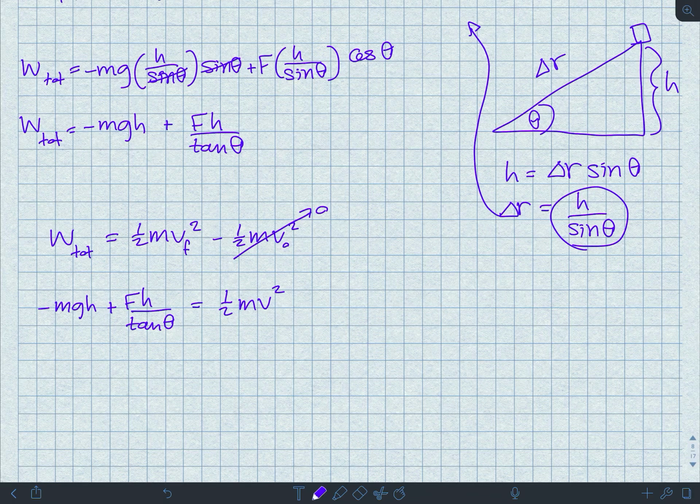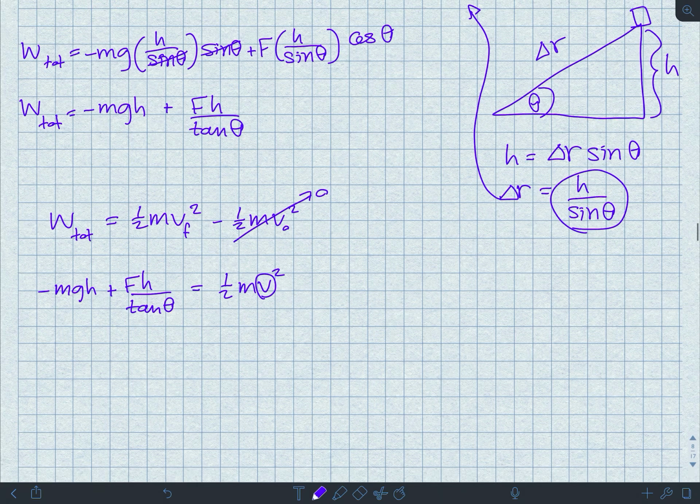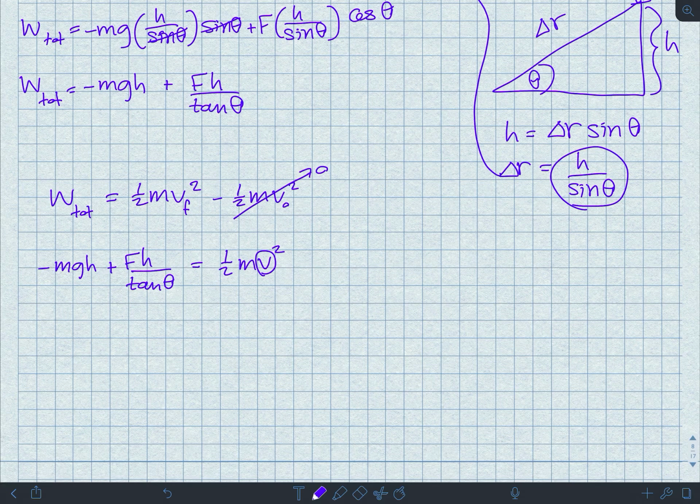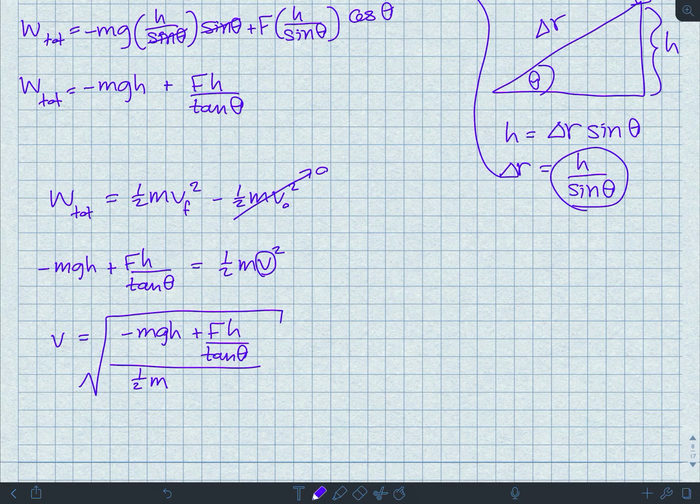Now I'm trying to solve for that velocity. So that's going to give me all of this stuff divided by 1/2 m, and don't forget the square root.